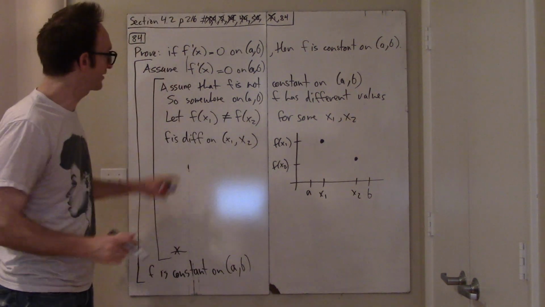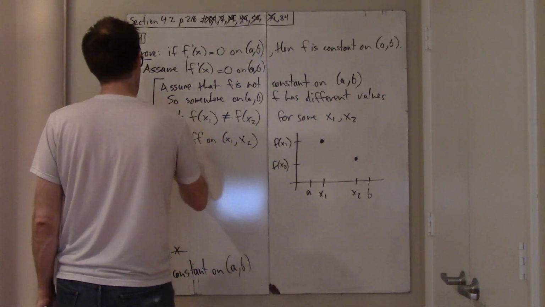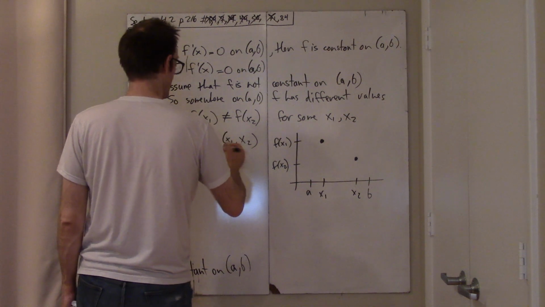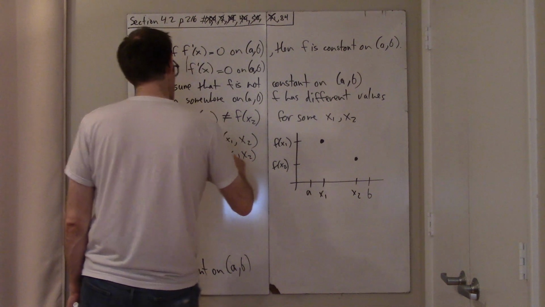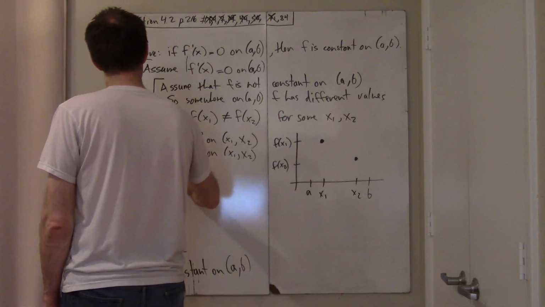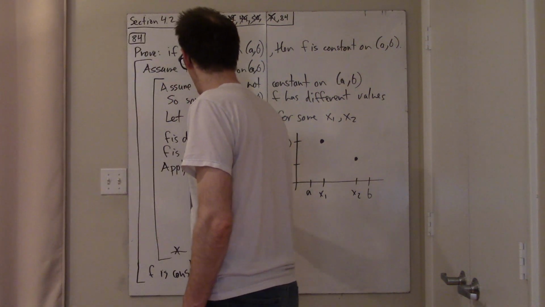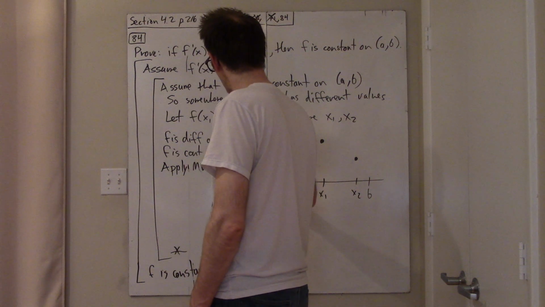And since differentiability implies continuity, if a function is differentiable, then it's definitely continuous, f is also continuous on the interval x1, x2. And so what we're now going to do is apply the mean value theorem to f on this interval x1, x2.